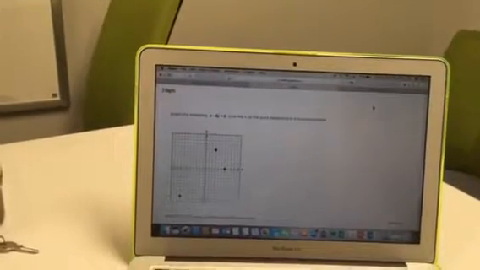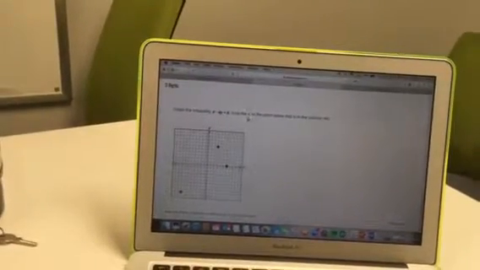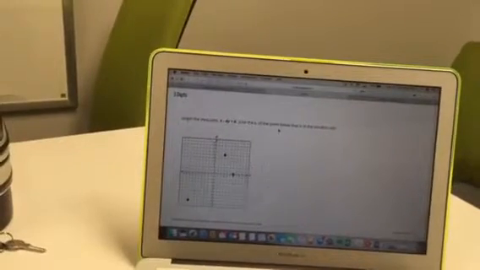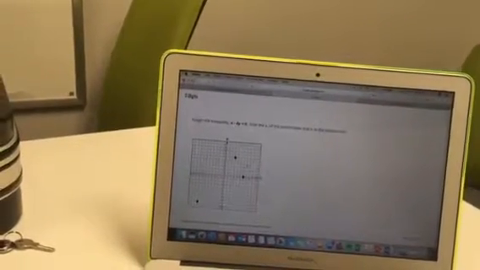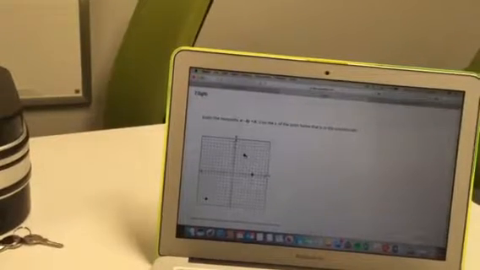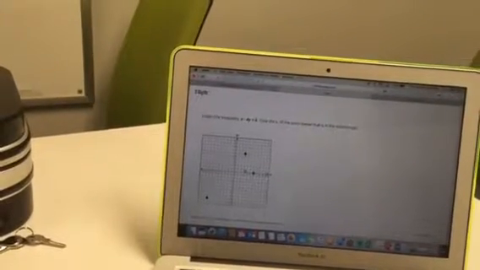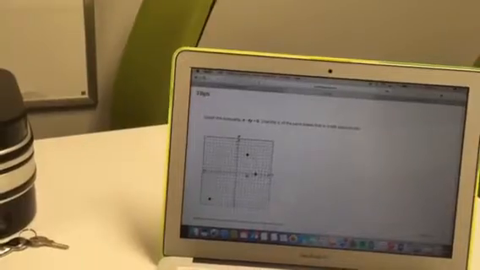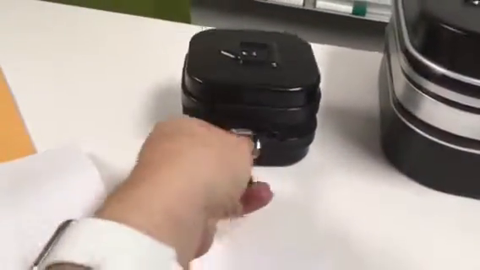And then the last question, you graph an inequality, and then you're going to use the X of the point below that is in the solution set. When you graph the inequality, it goes through right there, and this point is in the solution set, so you're going to use number 3 for the last digit of the 3-digit numerical lock, which opens this one.